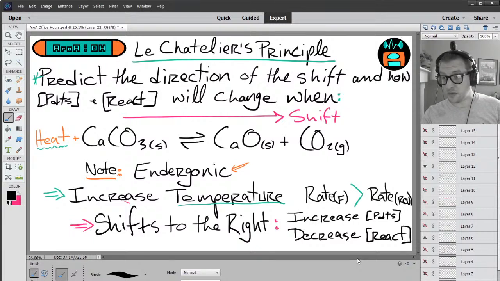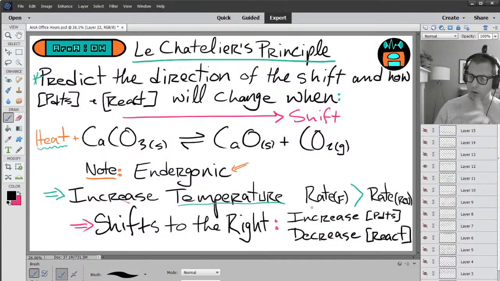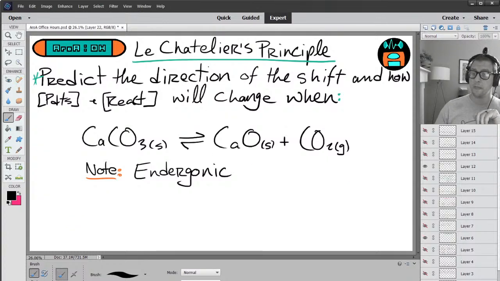All right, and that is the last question I'm going to ask about this chemical equilibrium. We're going to do one more just to be thorough, but after this, you'll be able to tackle any Le Chatelier's principle question out there.